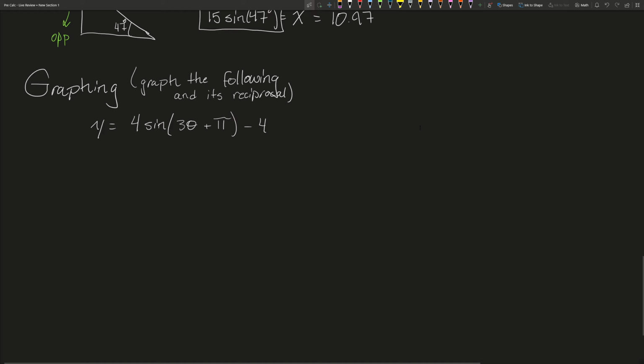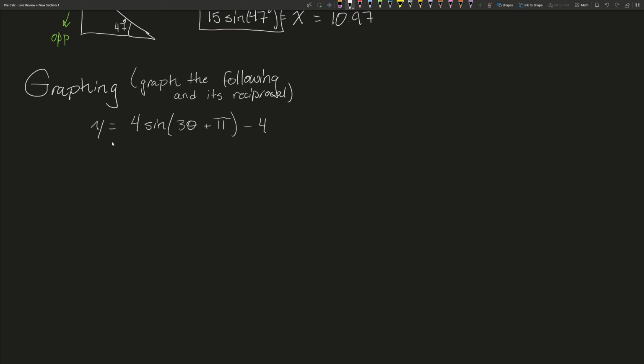So on the test, I think like number 10 or 11 is to graph something that looks like this, which you will either be given a sine or cosine graph. And then the next one is to graph its reciprocal function. So in this case, first you're graphing sine, and then the next question would be to graph the reciprocal of this, which you should know is cosecant.